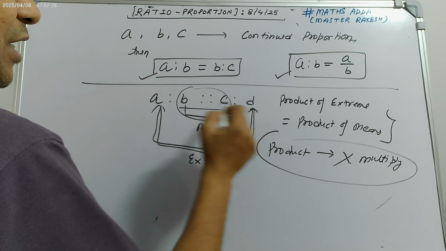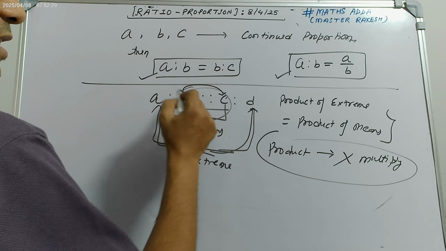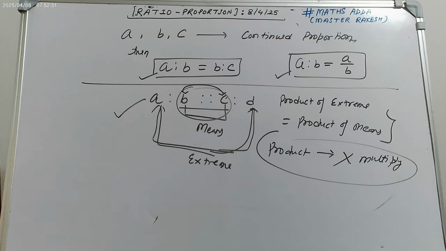So A into D equals B into C. Proportion is equality of ratios, which can be solved like this also. If there are four terms, we compare the ratios to check whether they are in proportion.